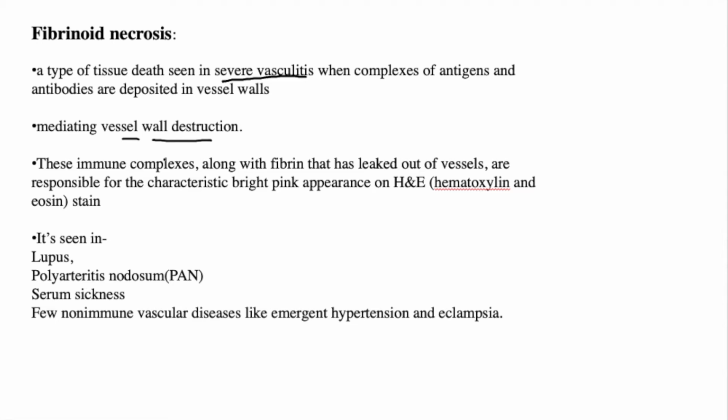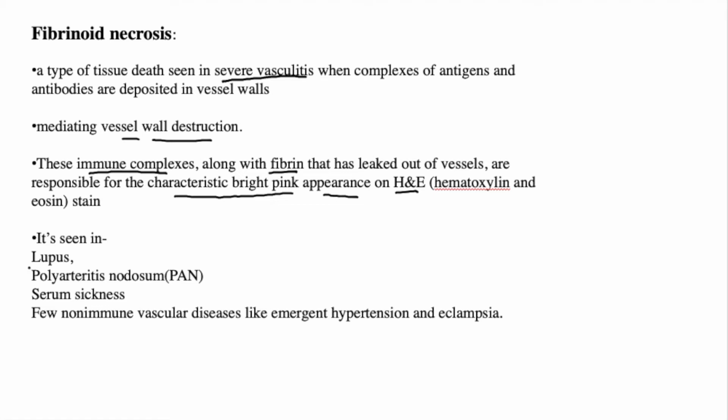So fibrinoid necrosis usually results in what? The thickening of the blood vessel wall, and the blood vessel wall becomes bright pink in appearance on hematoxylin and eosin staining. So the characteristic feature is immune complex deposition along with fibrin deposition, because the blood vessel becomes leaky in nature, so fibrin comes out, and that is responsible for the characteristic bright pink appearance of the histological slide on H&E staining.